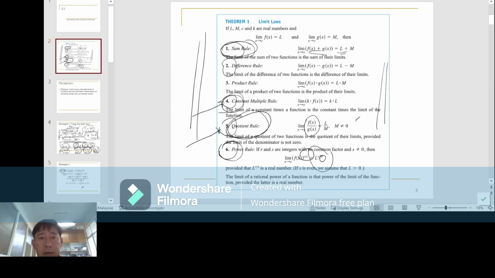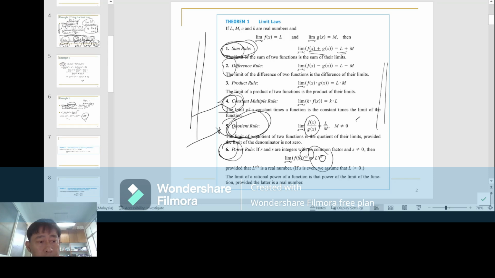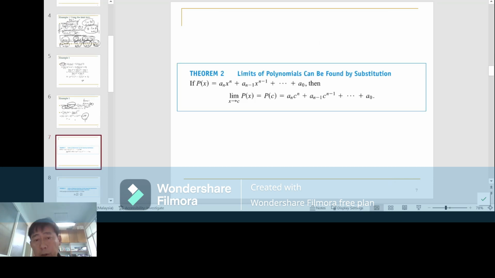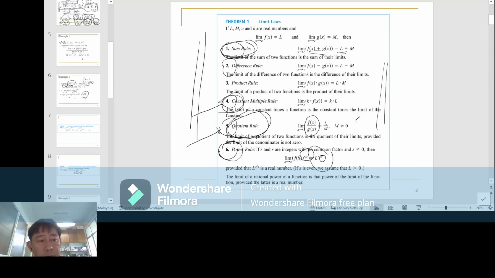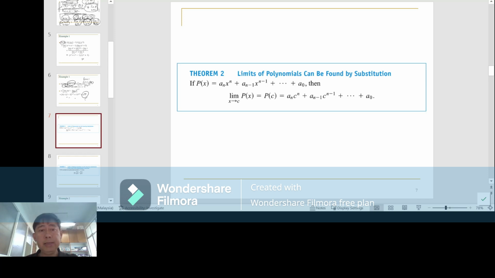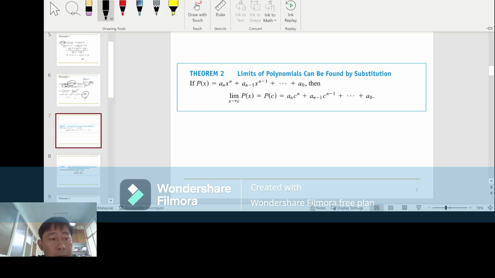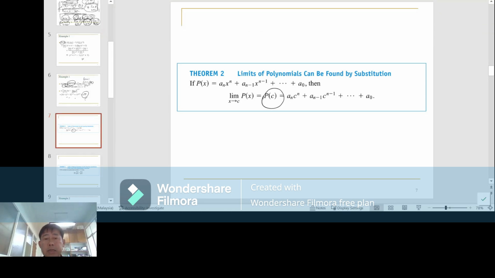If you put all of theorem 1 together, the product rule, sum rule, quotient rule and power rule, then you realize that if you have a polynomial, the rules in theorem 1 allow you to show that the limit of a polynomial is simply equal to the value of the polynomial evaluated at c.